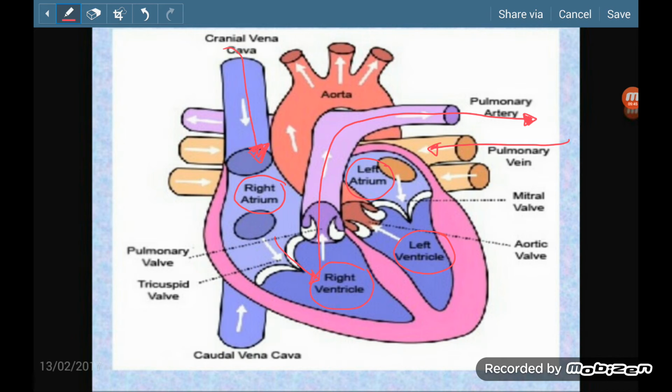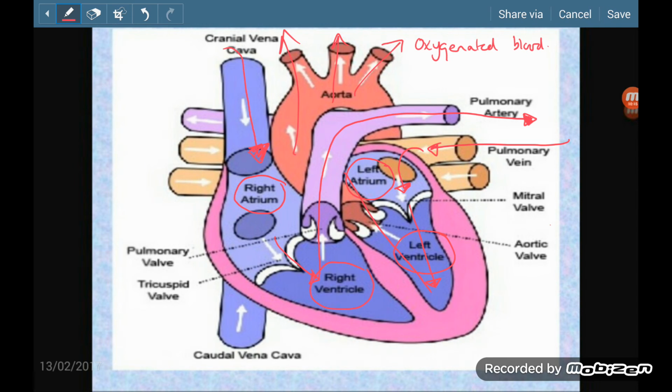Blood high in O2 fills atrium left, and then it fills the left ventricle, and then it is going to shoot out of the aorta, which is the huge blood vessel at the top of the left-hand side of the heart, and the oxygenated blood is going to go to the tissues.